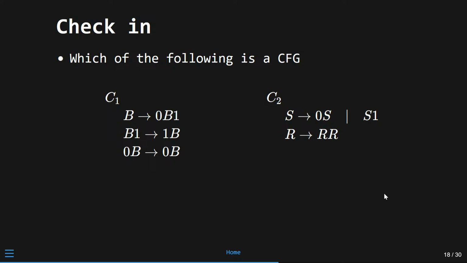C2 is a well-formed context-free grammar that accepts the empty string because it never terminates. So you correctly pointed out that it's never going to produce any string. But on the left-hand side, it has variables, and on the right-hand side, it has variables and terminals.